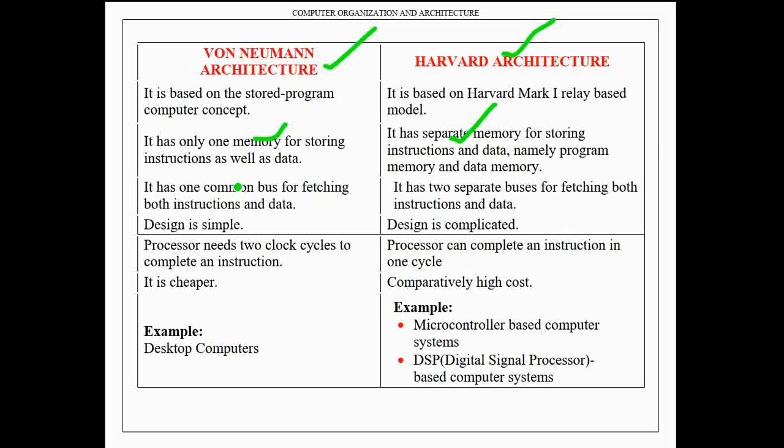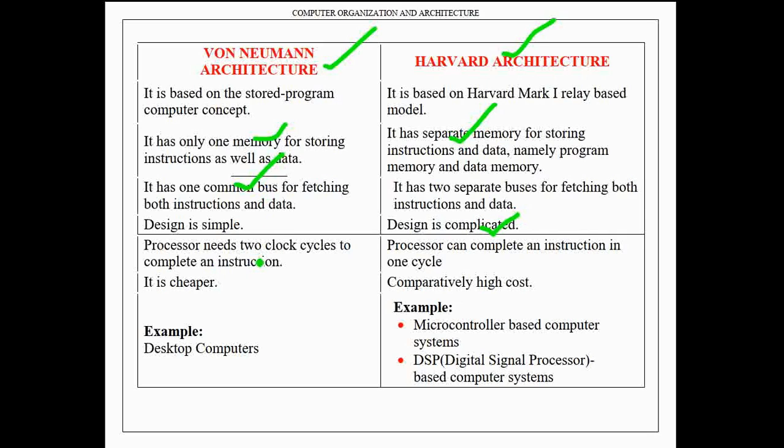Von Neumann architecture has one common bus for fetching both instructions and data, whereas Harvard architecture has two separate buses for fetching instructions and data. Since von Neumann architecture uses only one memory and one common bus, its design is very simple. Coming to Harvard architecture, since it uses separate memory for storing instructions and data and two separate buses for fetching them, its design is complicated.